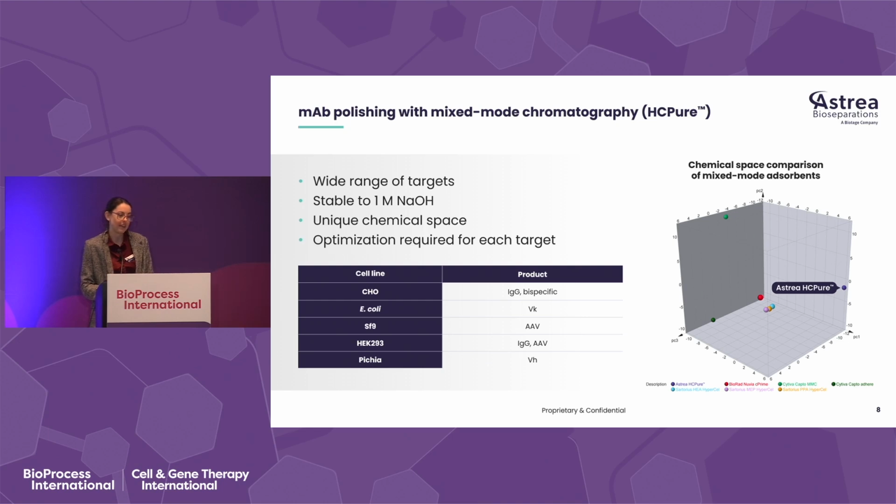And that's going to be the main takeaway from this talk, the requirement to do the screening of the purification conditions. HC Pure is also stable to 1 molar sodium hydroxide and can be effectively cleaned and reused for hundreds of cycles over and over again. So it's a great addition to your purification toolbox.